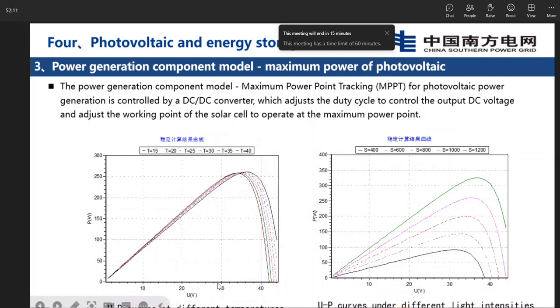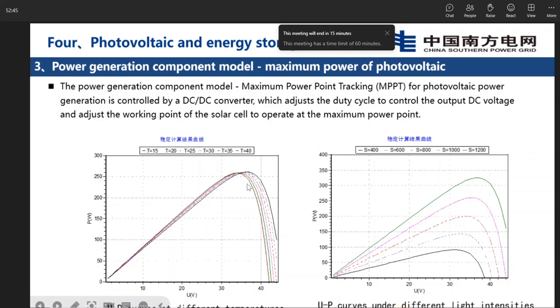This is the maximum power control of the solar system. The T means temperature. The X axis means the voltage, and the Y axis P means the active power output. So you can see we get the relationship between the voltage and the power output.